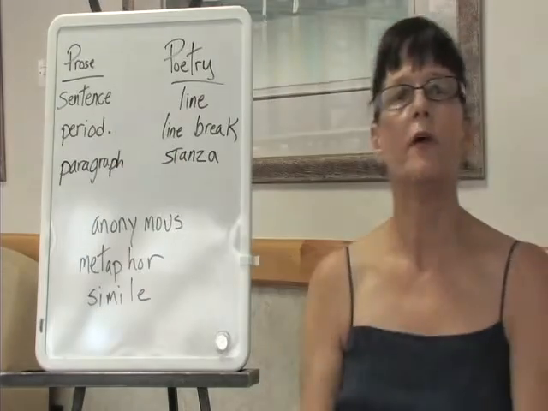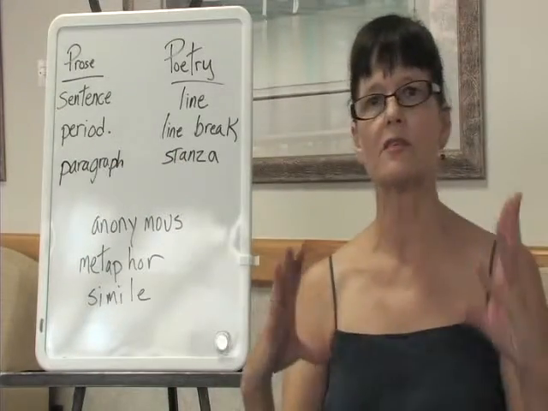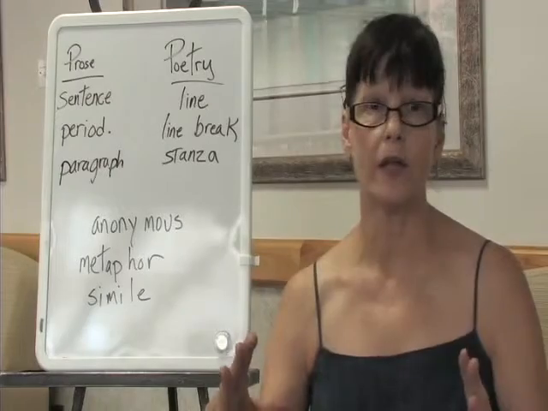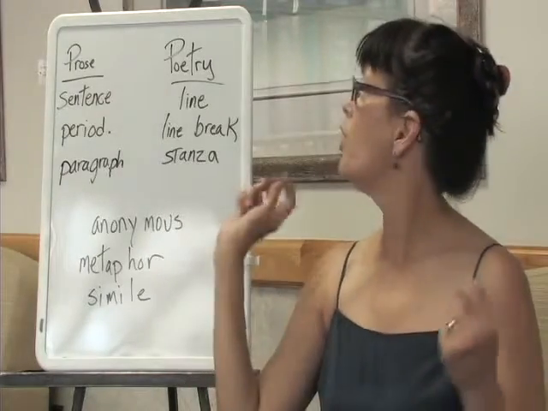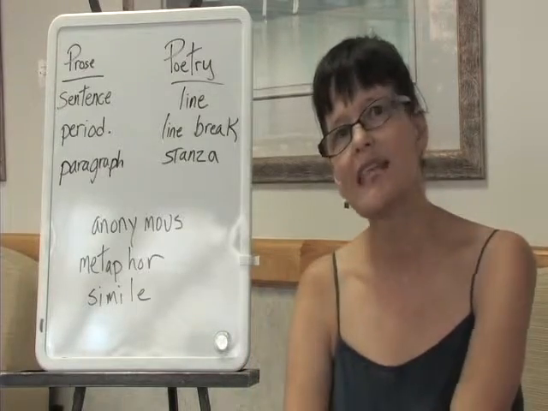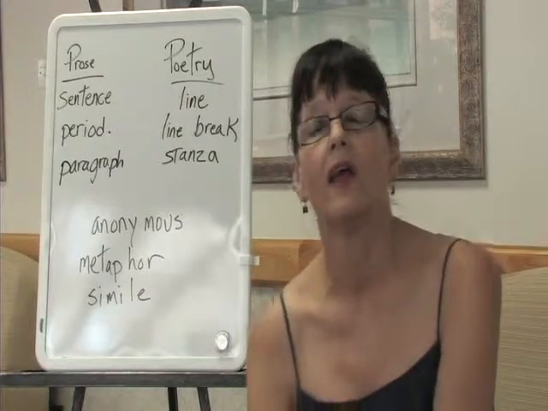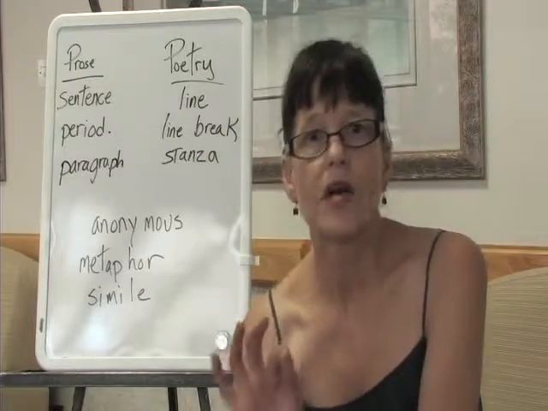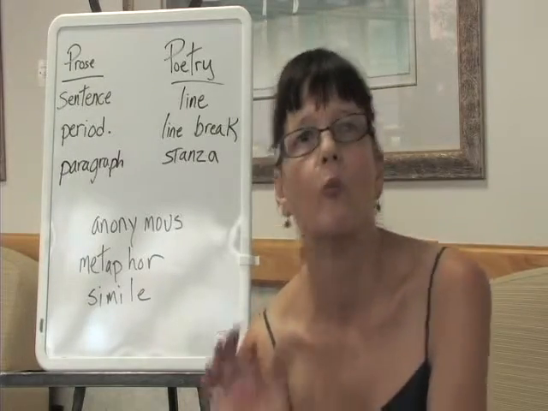In prose, you have a paragraph, which is a group of sentences focusing on a certain thought, topic. In poetry, you have stanza, and that's a lovely word because stanza is from the Italian, and it means little stopping place, little room.